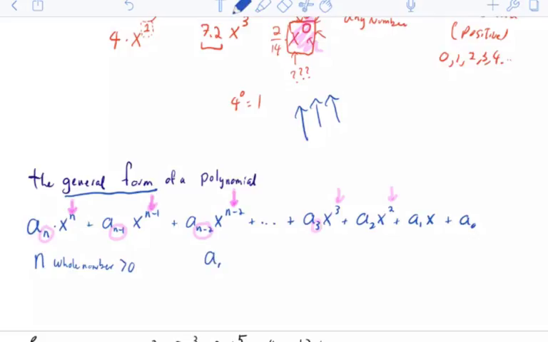a_(n-1) is the name for the coefficient of the term that has x to the power n minus 1.